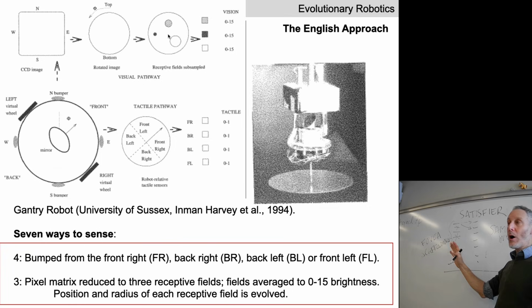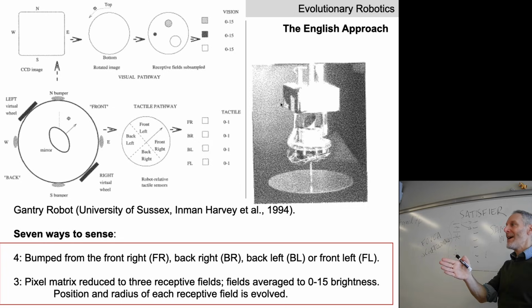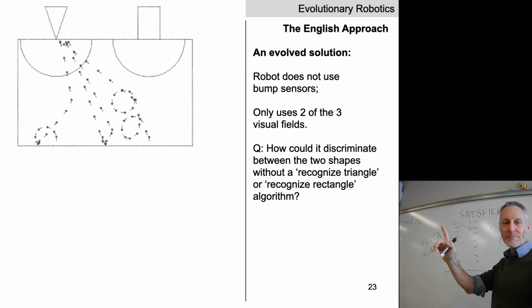So it could evolve to put all 3 fovea right in the center of its visual field. It could put one up here, one down here. Basically, in this experiment, they're going to evolve the brain and the ocular physiology, physical details of the eye of the robot over evolutionary time. Thank you for pointing that out. That's a very important detail that we'll get to in a moment.